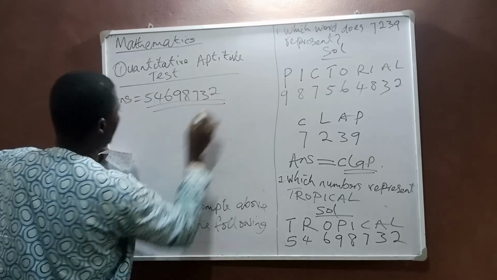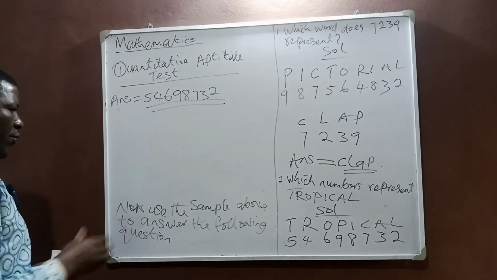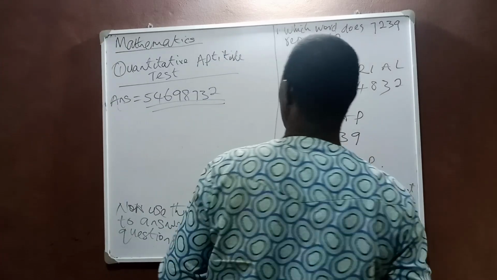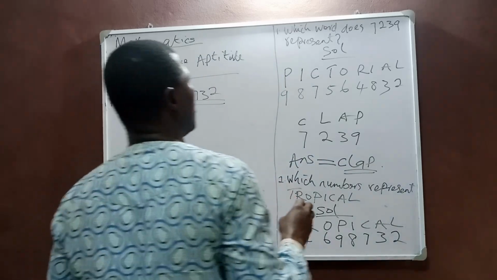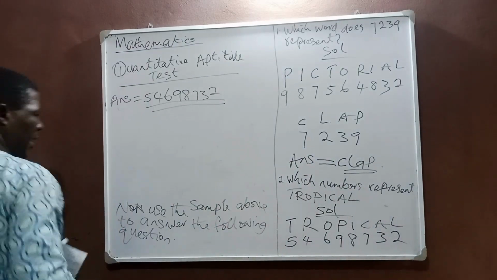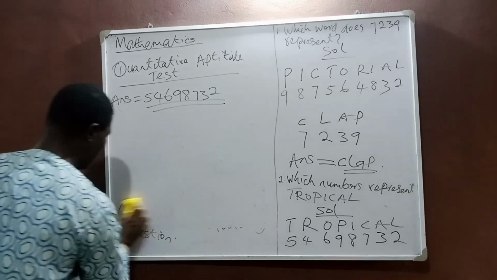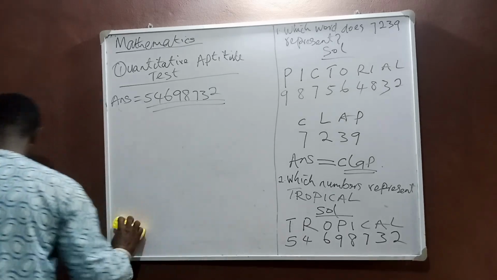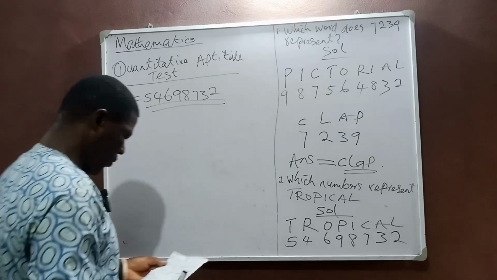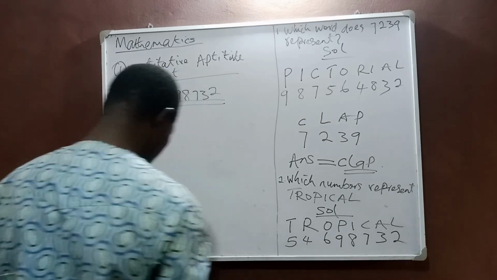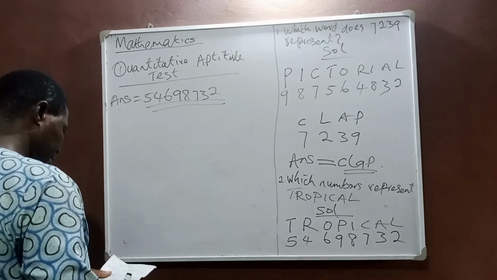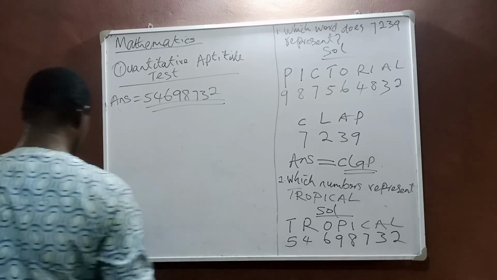This is the answer. This is how to solve questions bordering on quantitative topics that have to do with using numbers to represent letters or using letters to represent numbers. If you follow us, you will not fail any question from this type of topic.